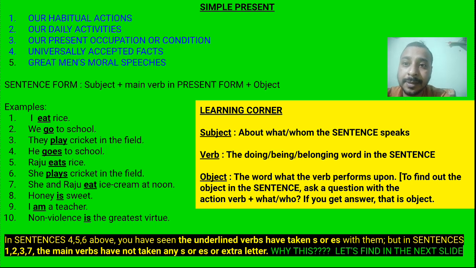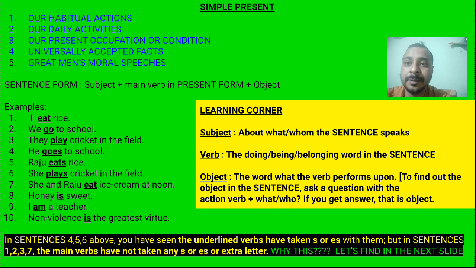Subject means about what or whom the sentence speaks. The verb means the doing, being, or belonging word in the sentence. And object means the word upon which the verb performs. Or to find out the object in the sentence, ask a question with the action verb plus what or who. If you get the answer, that is the object.